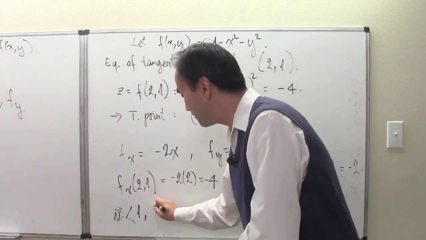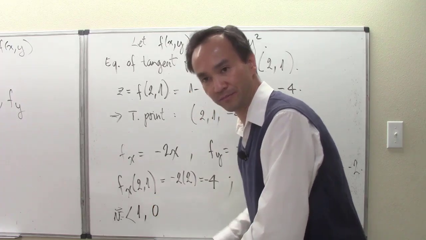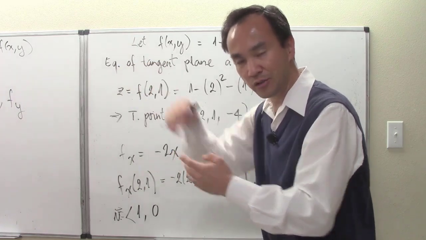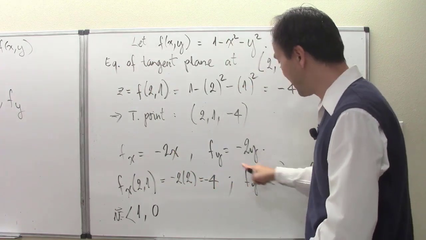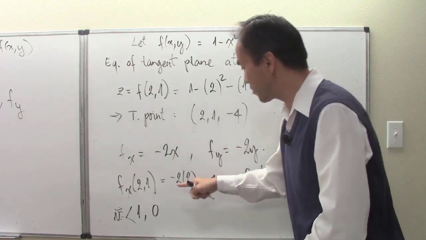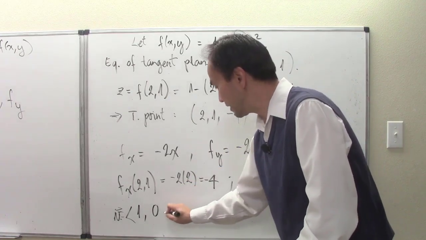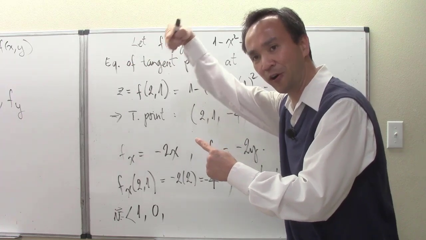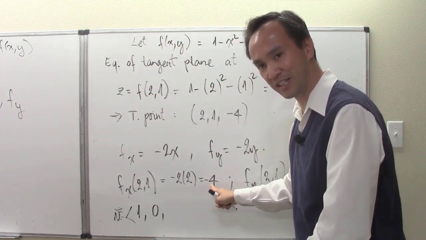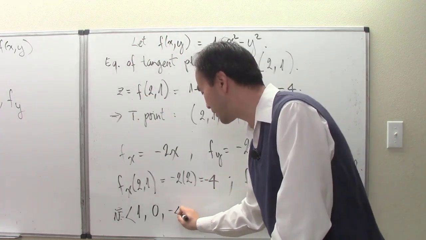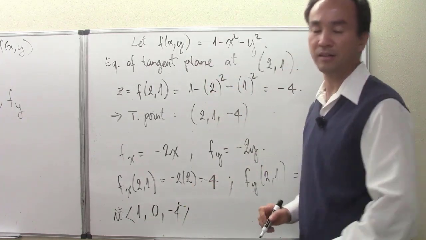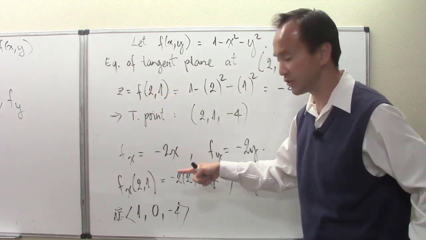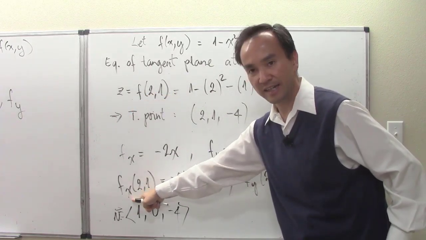The y value equals 0 for this vector, because it's right on the plane that's parallel to the x-axis, so the y value can be defaulted to 0. And then the z value falls by 4 units, that's why it's negative 4 over 1. So we have a vector that aligns with the tangent line along the x-axis.